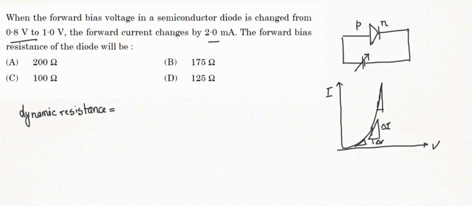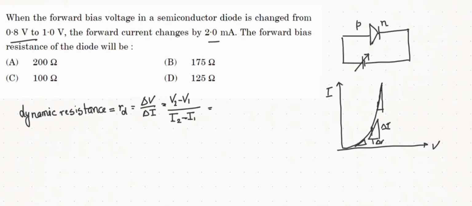So R_D, if I denote it, is basically the ratio of del V divided by del I, which is the reciprocal of the slope of the I versus V curve. So del V is equal to V2 minus V1, divided by I2 minus I1.